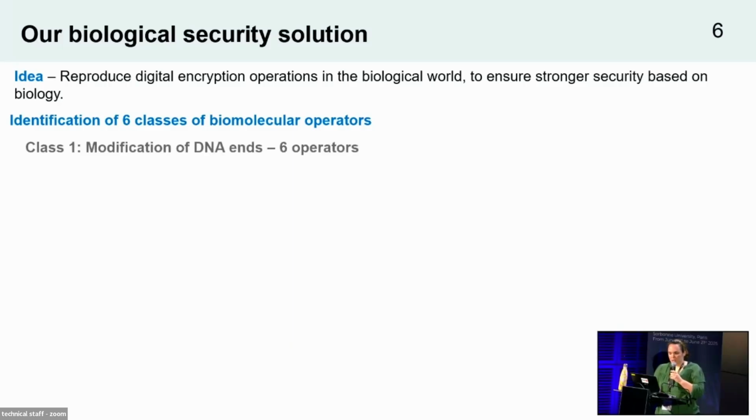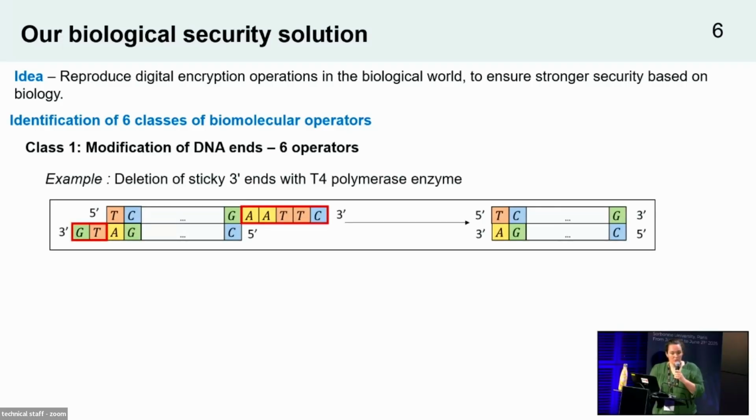And so the first class includes the modifications of DNA ends, for example, enzymes that can remove sticky ends of double-stranded DNA molecules. The second class includes DNA cuts, so using restriction enzymes.